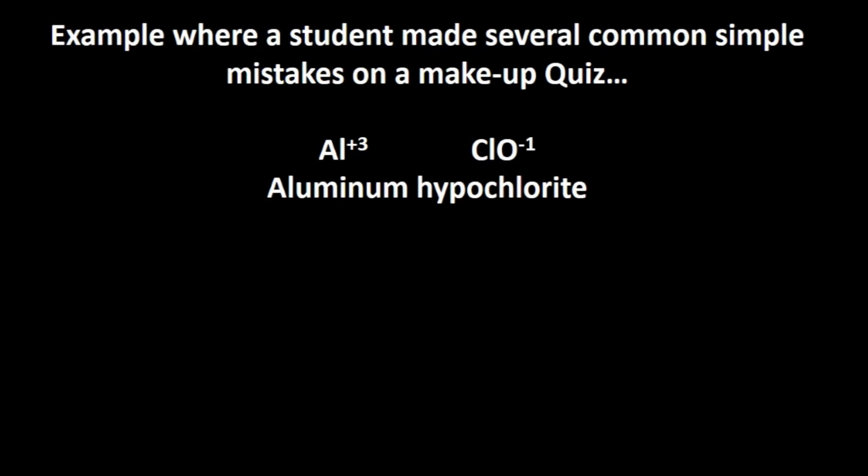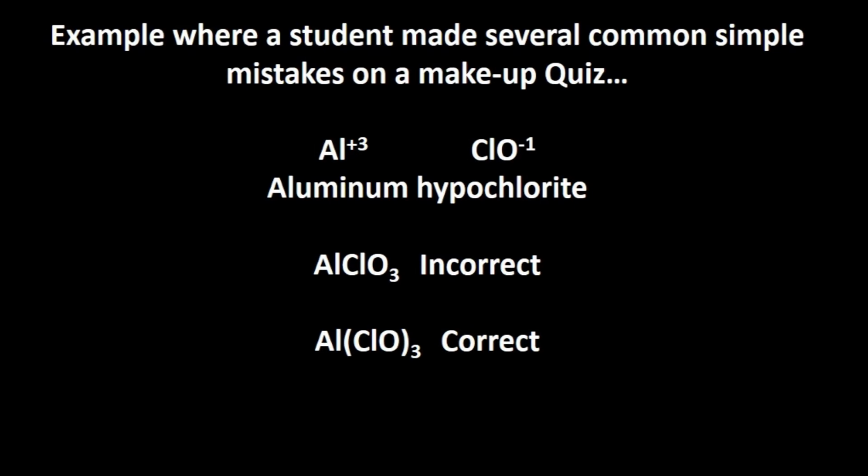Now, what the person put on their makeup quiz was AlClO and the 3, which they meant 3 hypochlorites, but didn't use the parentheses. And this is what you should get. Okay, very instructive. See if you make those kind of mistakes. I'll be right back, and goodbye.